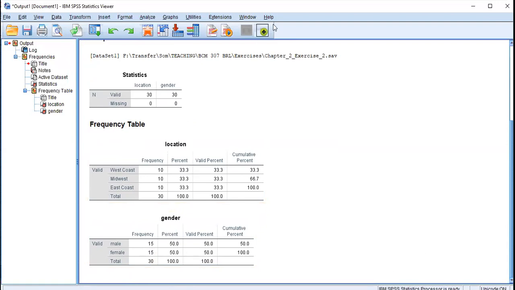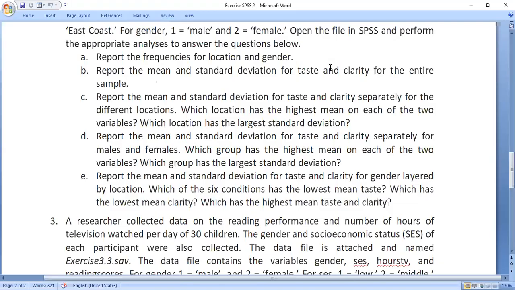Now again, I'm sharing the question so as to understand the other questions which we have got there. So here we go. Report the mean and standard deviation for taste and clarity for the entire sample. Report the mean and standard deviation for taste and clarity separately for different locations. So the B part: we have to talk about the mean and standard deviation for the two scale variables, taste and clarity, as a whole.